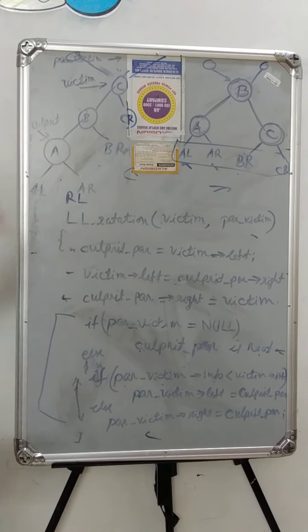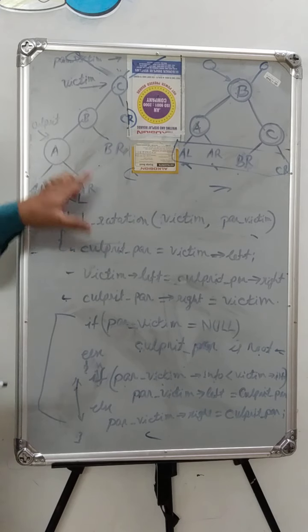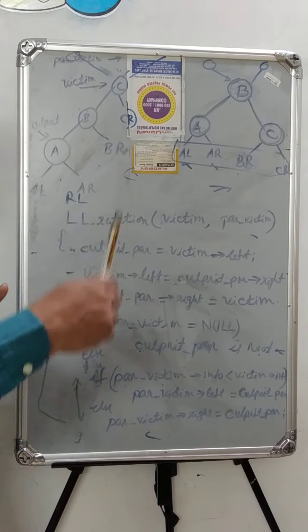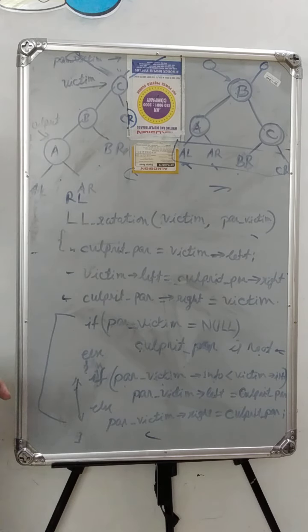So just try the other 3 operations on your own, and the pseudocode for the other 3 operations will be given in your homework activity link. You can try those.